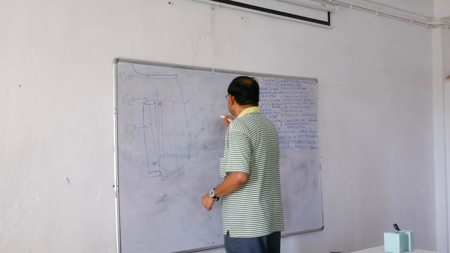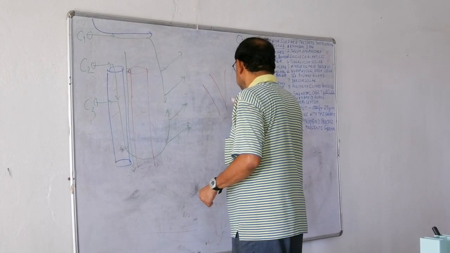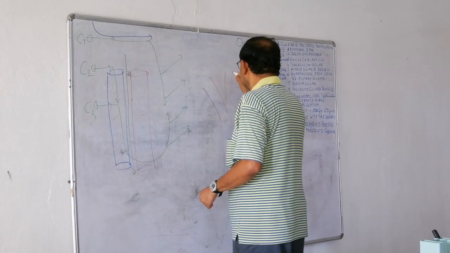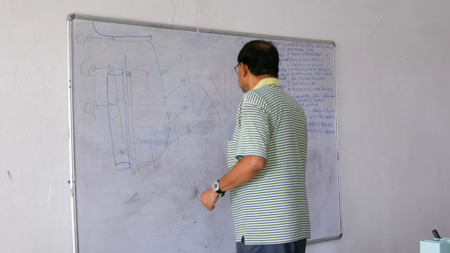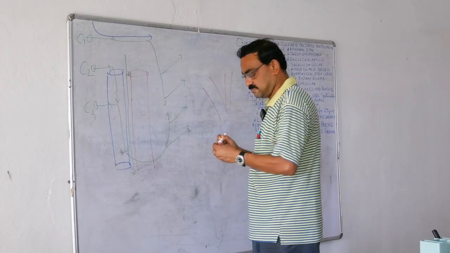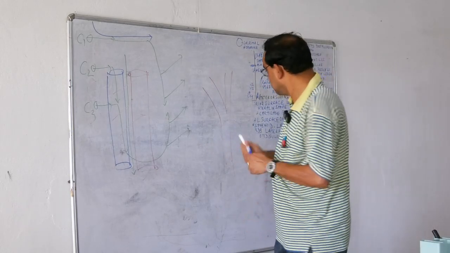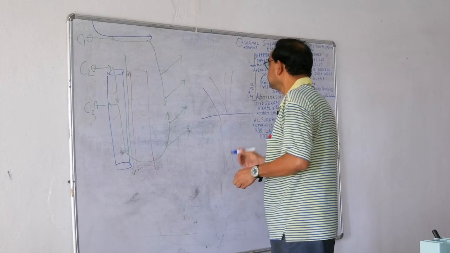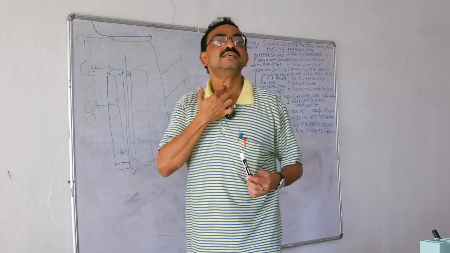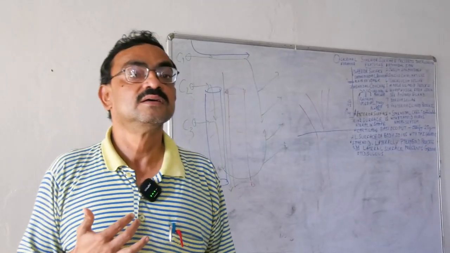Like, what is the label? This is, you can see this is the thyroid cartilage, upper border of the thyroid cartilage.